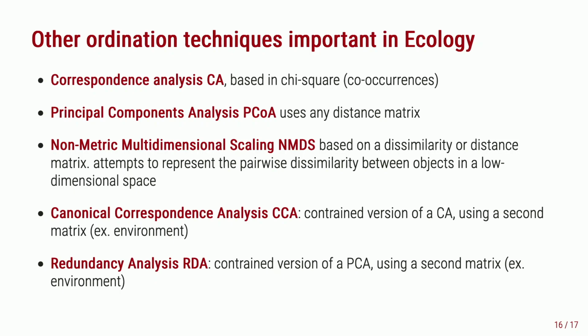When you talk about molecular data, for example, there are t-SNE and other ordination methods that are also iterative. They will just check if the clouds of dots are representing reality. And I was telling you about the canonical versions, canonical and redundancy analysis versions, which is when you use a second matrix.